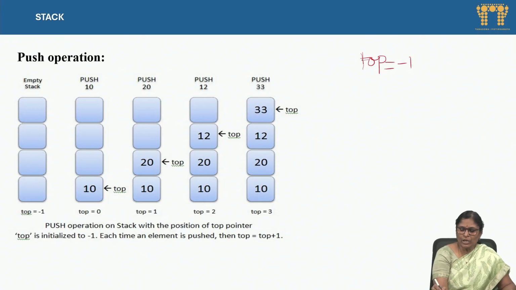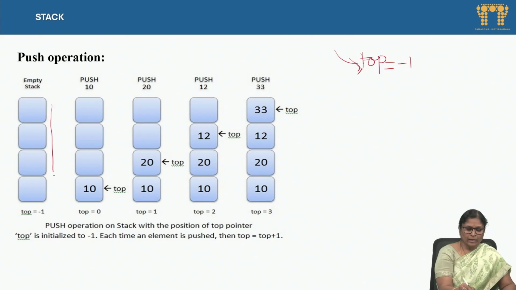That is, the initial value of top is -1. Now, if you want to insert an element, that is the push operation, the same top will be utilized. And if you want to pop, that is delete an element from a stack, then use the same end called the top.